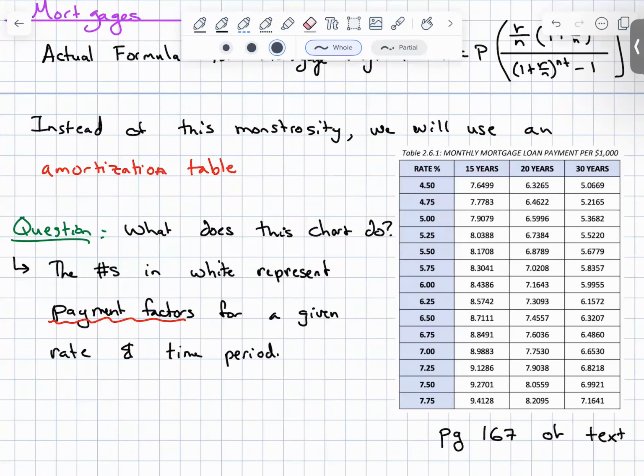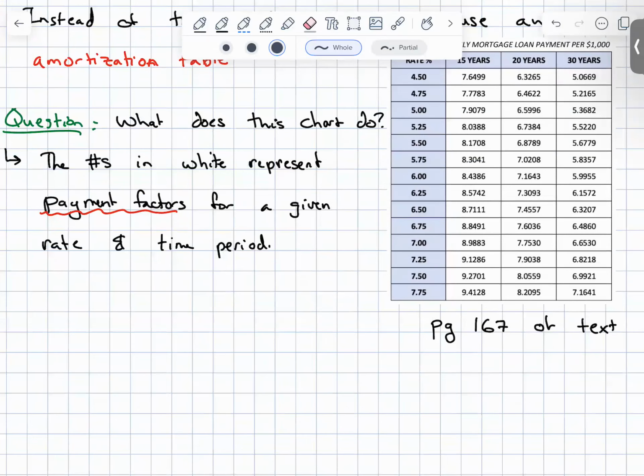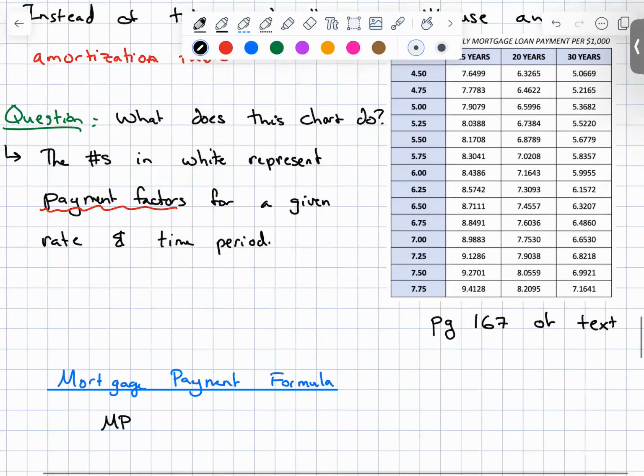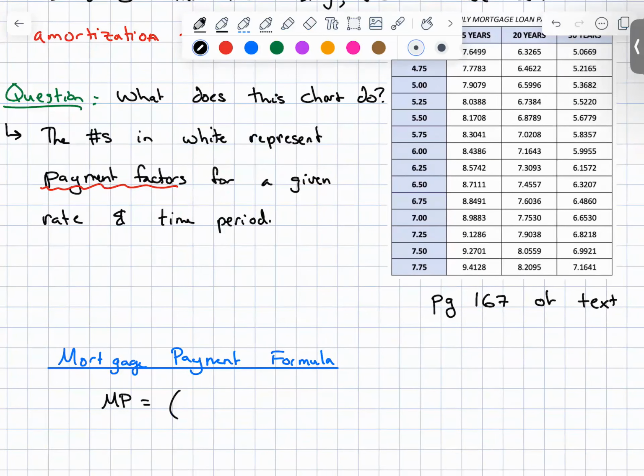But the formula for the monthly mortgage payment, the mortgage payment formula, is going to be MP, your monthly payment, is equal to the payment factor times the loan amount divided by 1,000.